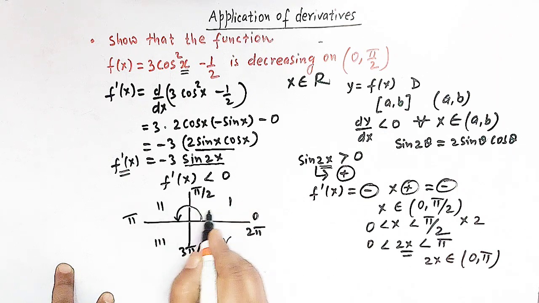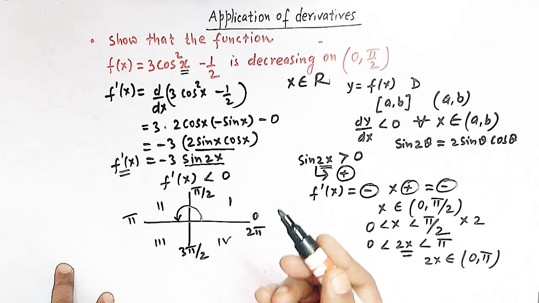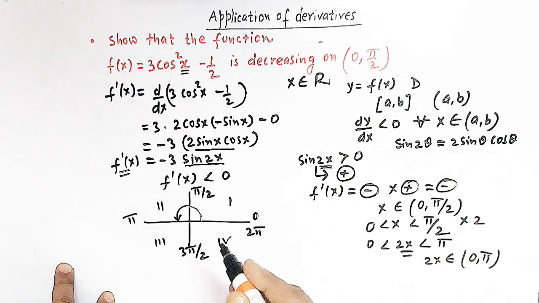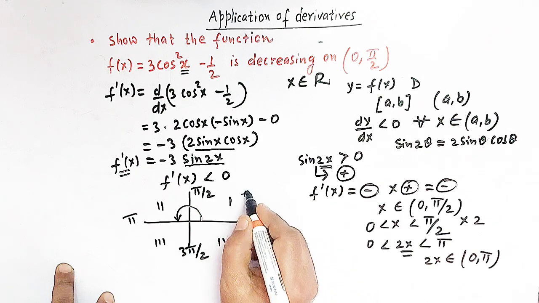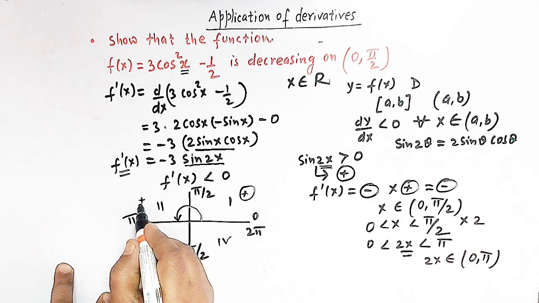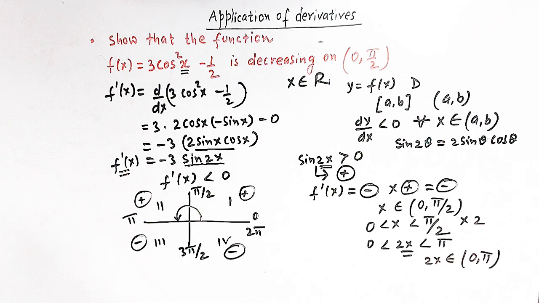So we are in the first or second quadrant, and from the sign convention of sine function in the four quadrants, we know that sine function is positive in the first quadrant and in the second quadrant, and it is negative in the third and fourth quadrant.